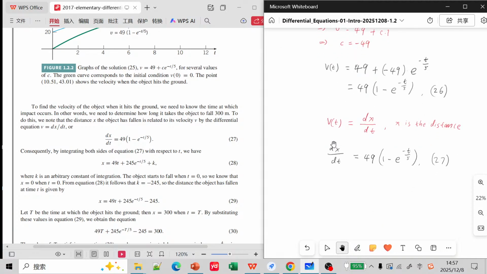So now here this is a derivative. We want to do the antiderivative, or namely integration. So basically the antiderivative of dx over dt is x, right?